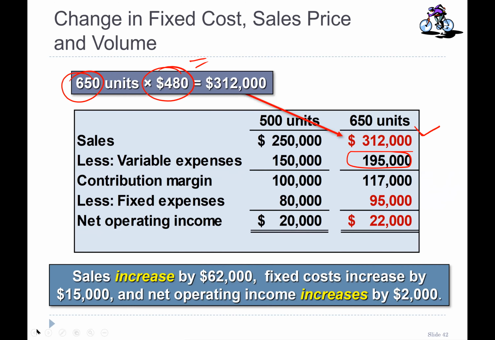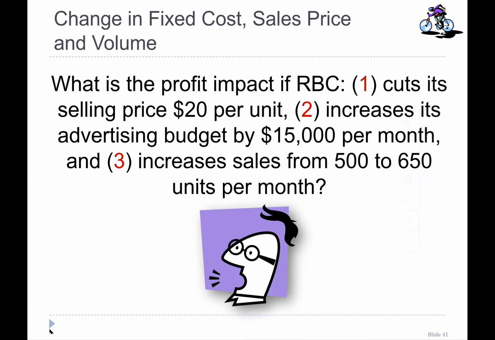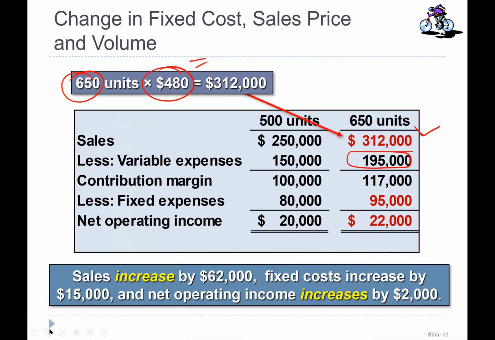Or do we have a change in variable cost? No. So it means our variable cost is 300. So 300 multiplied by 650, the answer would be 195,000. So we have a 117,000 contribution margin.